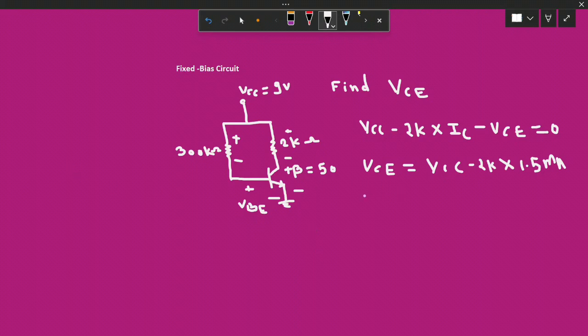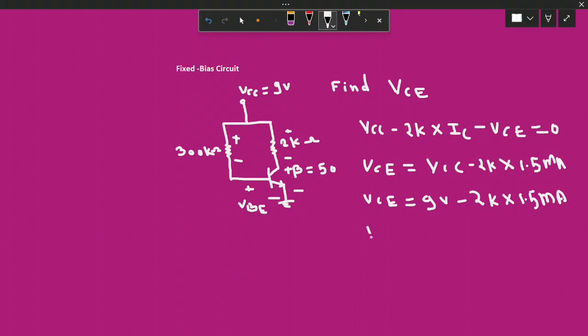So after solving, VCE is equal to 9 volt minus 2K into 1.5 milliampere current.